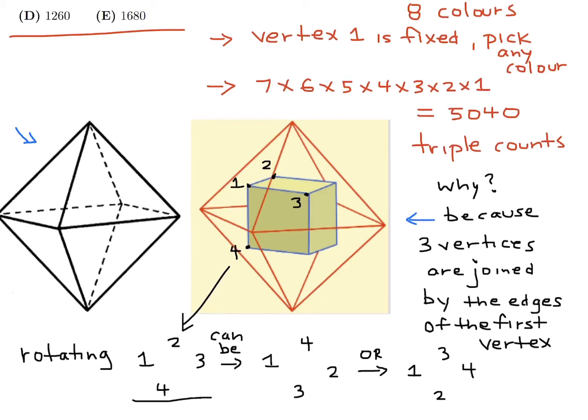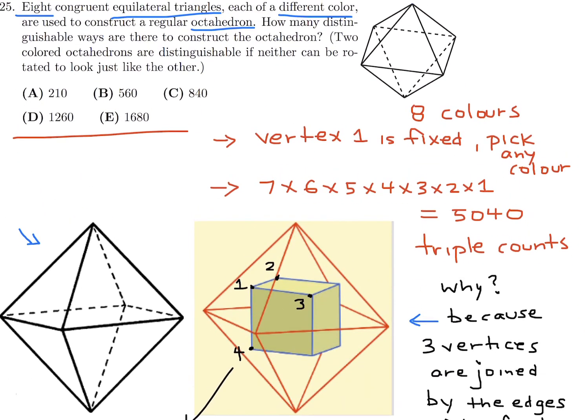And they used a specific word here, distinguishable. And that means that octahedrons are distinguishable if neither can be rotated to look just like the other. So for these 5,040, we've triple counted because there's 3 that will always be non-distinguishable, right?